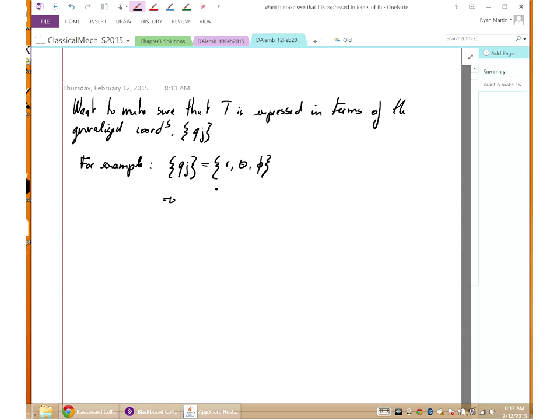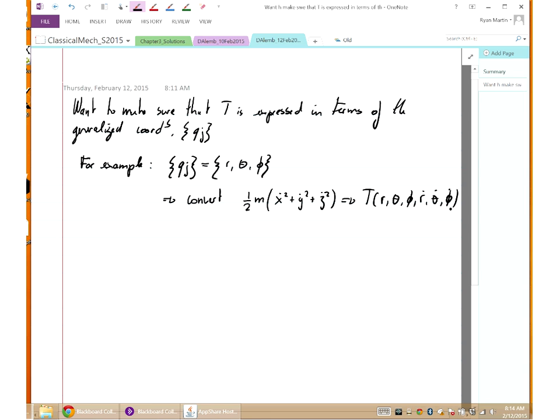So if we want the kinetic energy in terms of r, theta, and phi, that means we have to convert a half m times x dot squared plus y dot squared plus z dot squared. That needs to be written in terms of some kinetic energy that depends on r, theta, phi, and presumably r dot, theta dot, and phi dot.